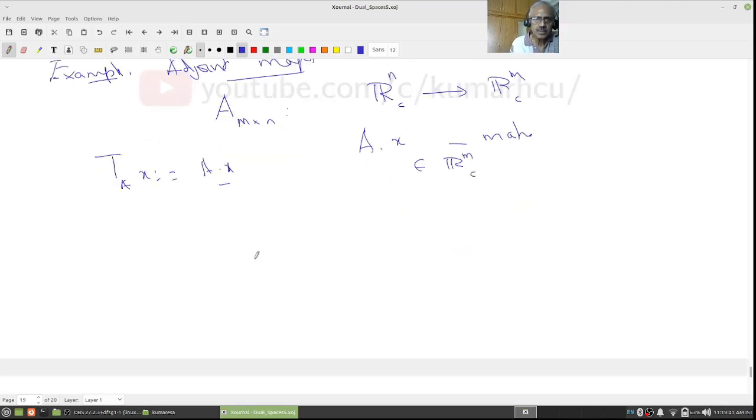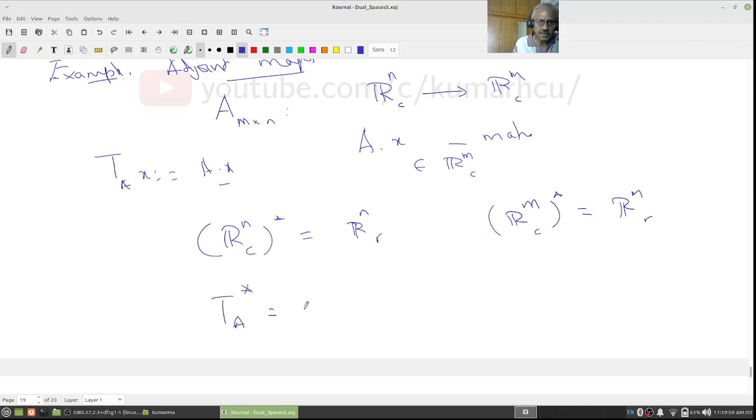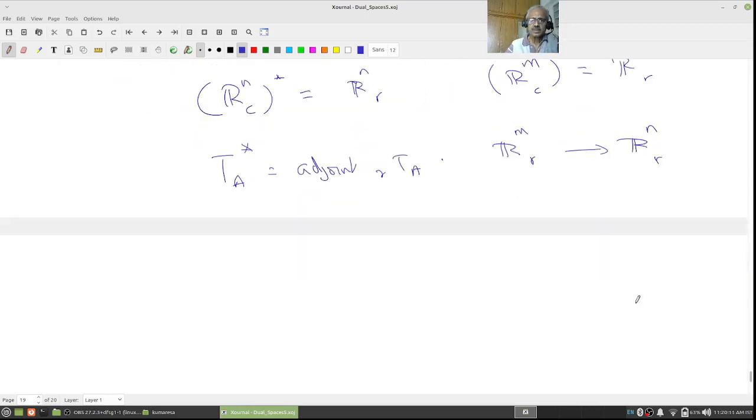Now we know the dual of Rn is Rn as rows, and the dual of Rm is Rm as rows. Therefore, my TA star, that is the adjoint of TA, must be a map from Rm rows to Rn rows.